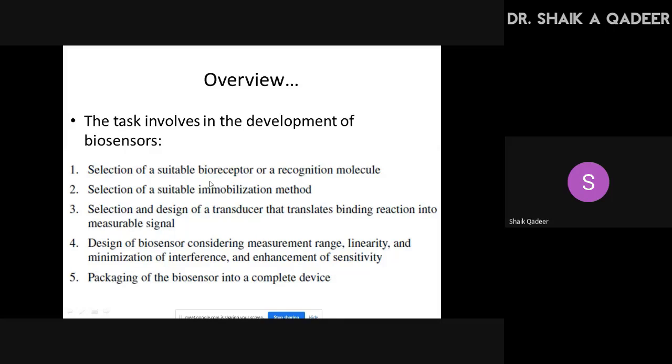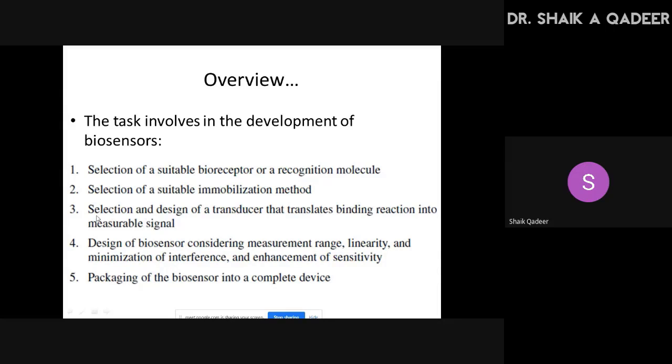The second parameter is selection of a suitable immobilization method. Already we have seen the need of immobilization earlier, and the methods available. So we need to choose the one which suits our application. This is again a very important thing in the proper design of a biosensor.